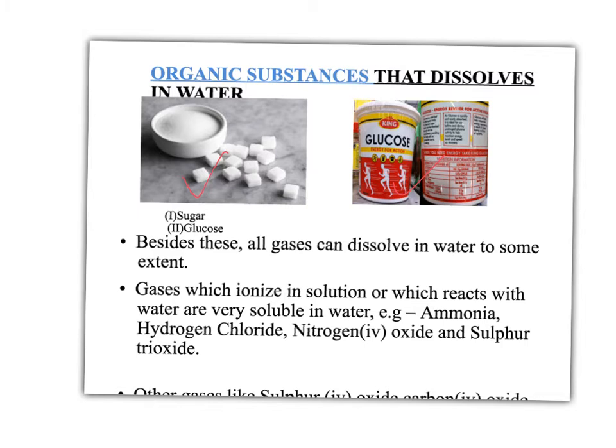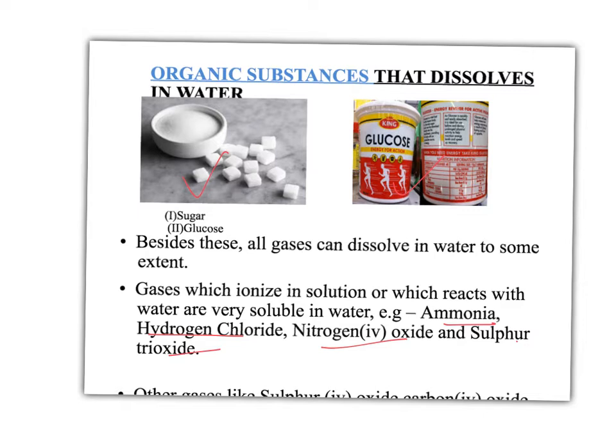Some of them are ammonia, hydrogen chloride, and sulfur trioxide. Then we also have other gases like sulfur dioxide, carbon dioxide and chlorine. They ionize in water and they are fairly soluble.